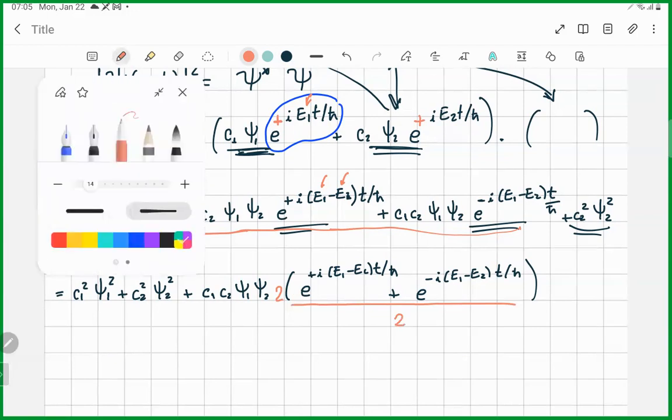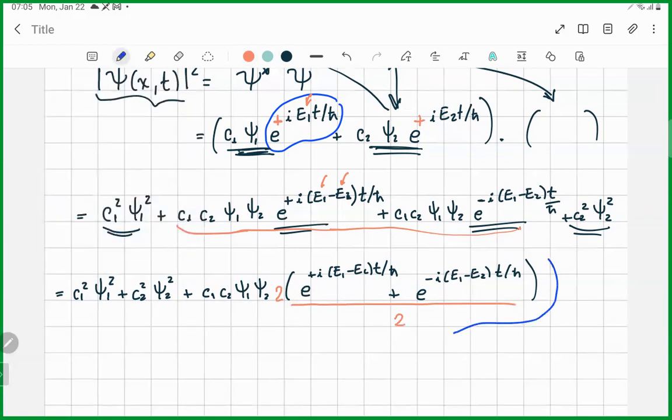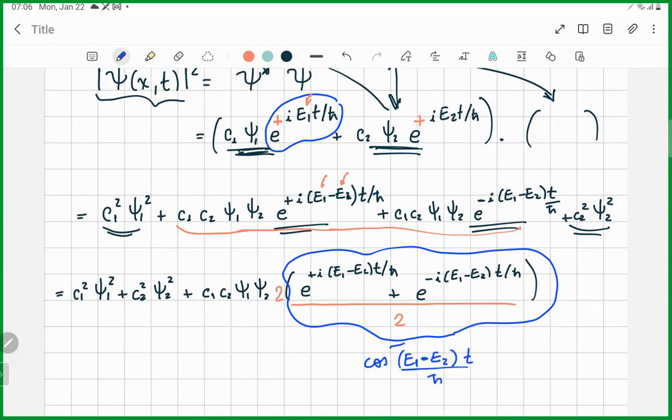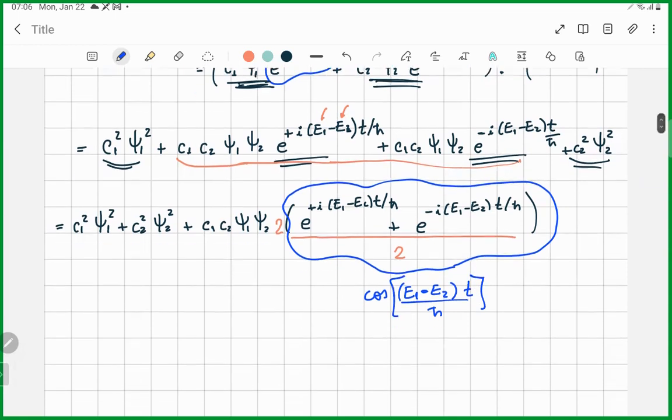Do you recognize now what we have here? We have a cosine: cosine of (E1 minus E2) times t divided by h bar.